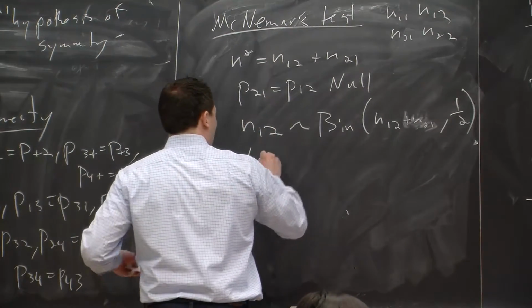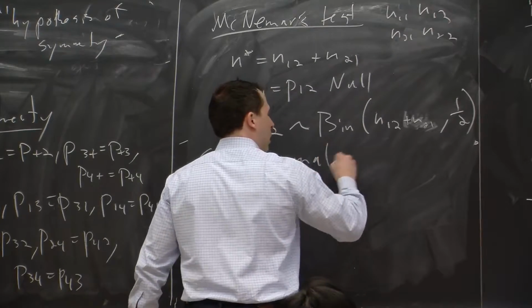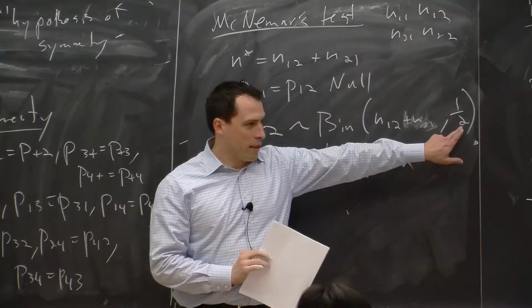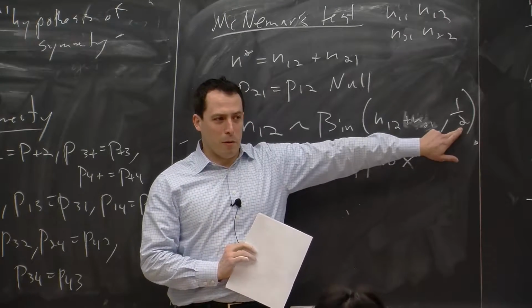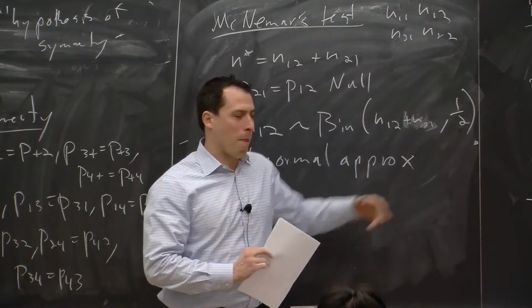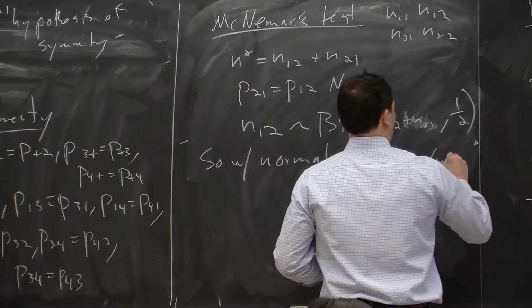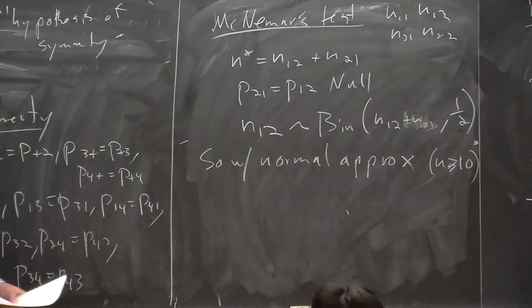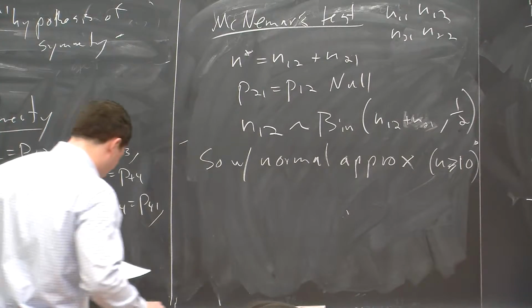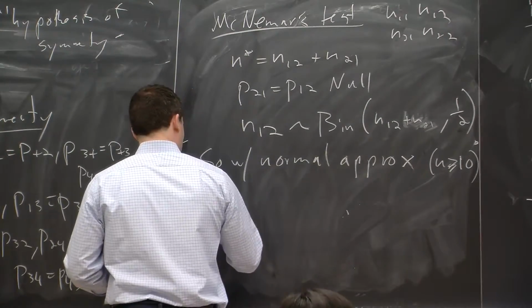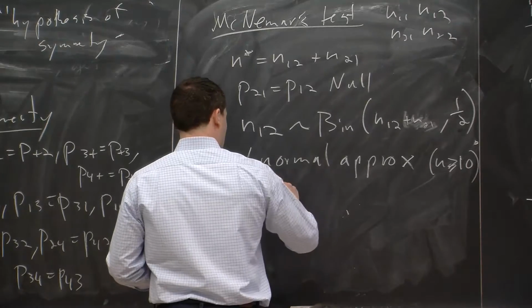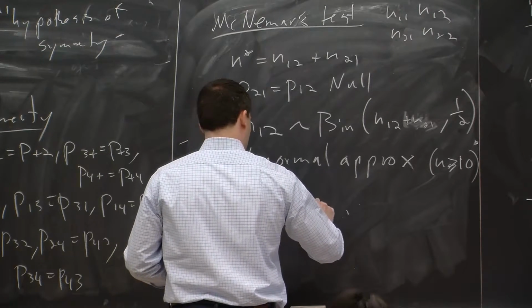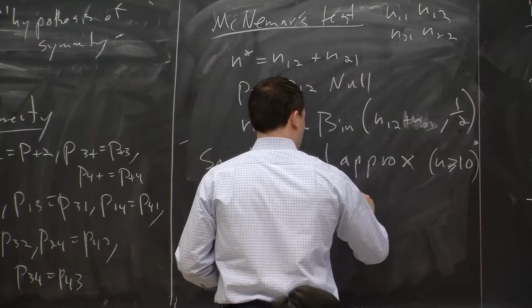So we can use a normal approximation, and as you learned in the first couple of weeks, when this probability is right smack dab in the middle, the normal approximation for the binomial works pretty well. As long as n is bigger than 10 or so, the normal approximation is actually pretty good. We get a test statistic z: N12 over N12 plus N21, minus 1/2, which is the expected.